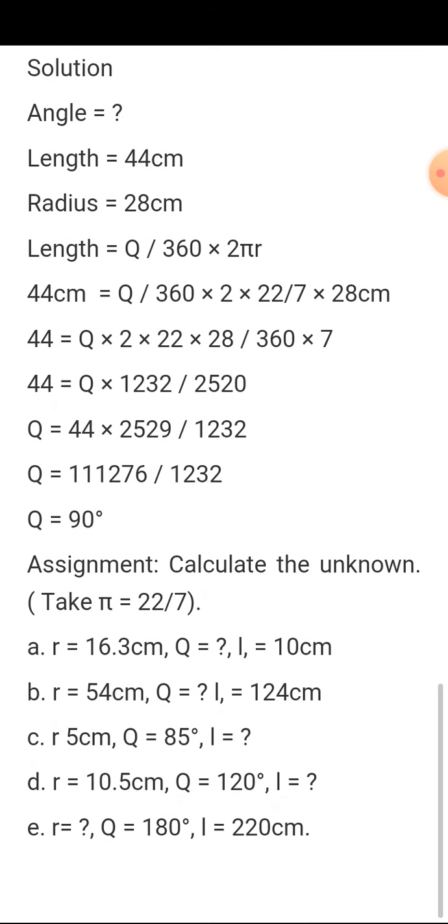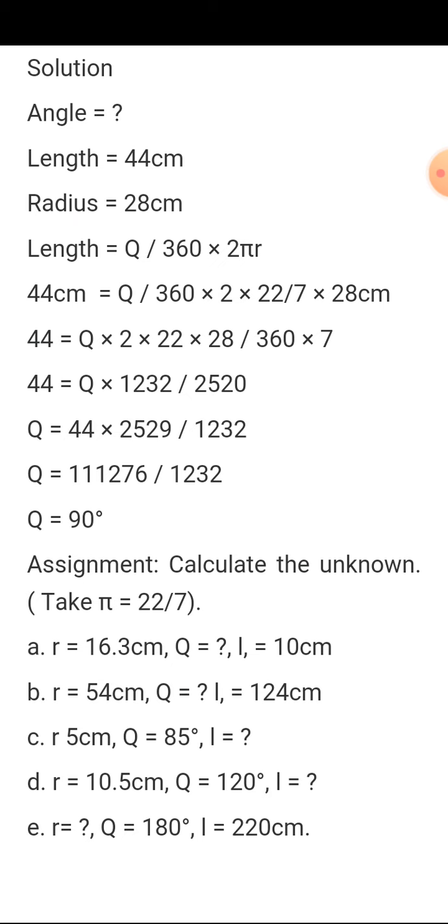When we divide 22 by 7, that gives us 3.142 multiplied by 28. When we multiply all together, 44 equals theta multiplied by 2 multiplied by 22 multiplied by 28 divided by 360 multiplied by 7.